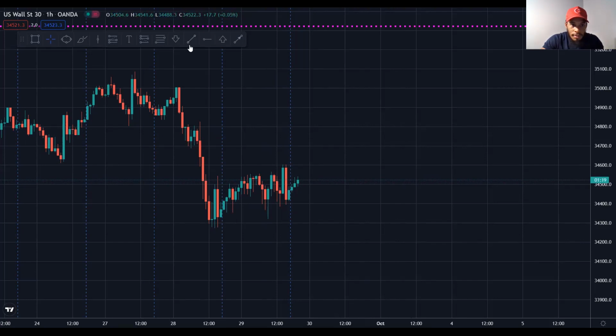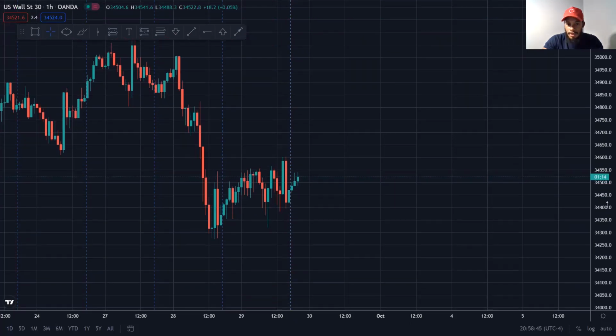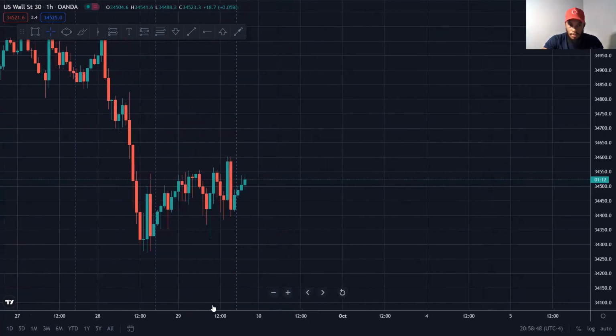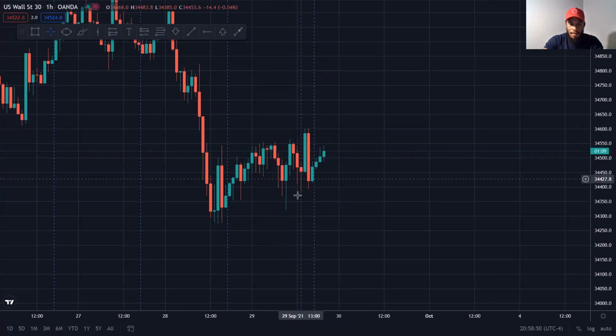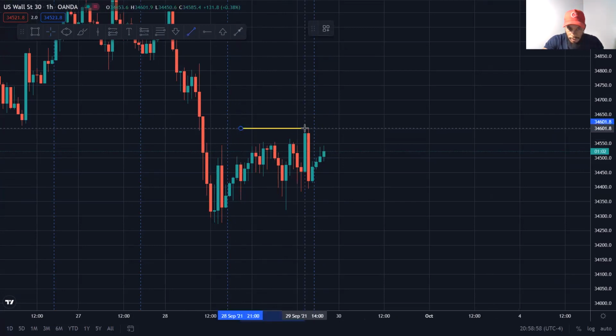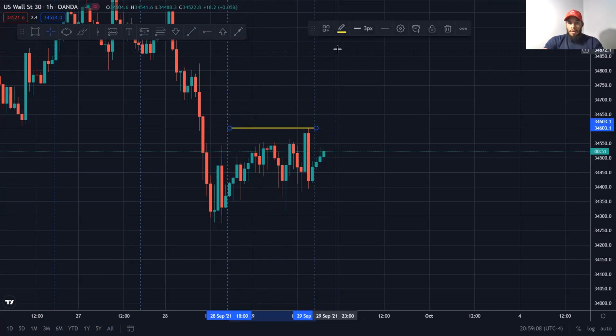All right, so what I do is I find the highest high and lowest low of the previous day. As you can see, the market is moving upwards right now. So it's right about here. Let's make that a little bit skinnier and duplicate it.